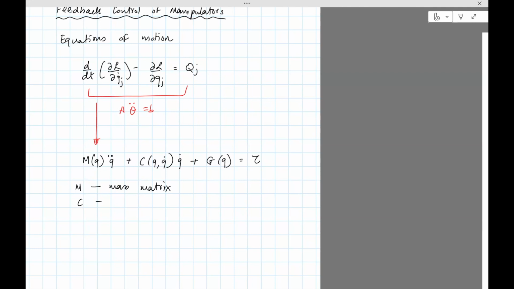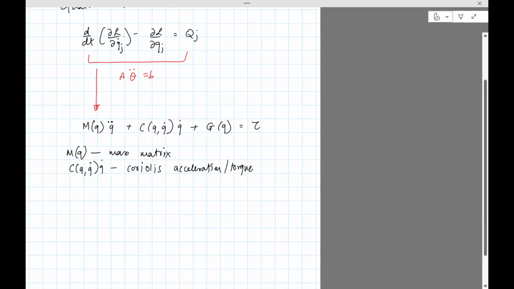Let me just write it as M(q). C(q, q dot) q dot is a term which is associated with Coriolis acceleration or torque, and G of q is the gravity torque, and tau is the external torque.